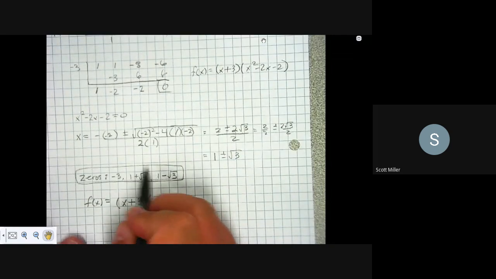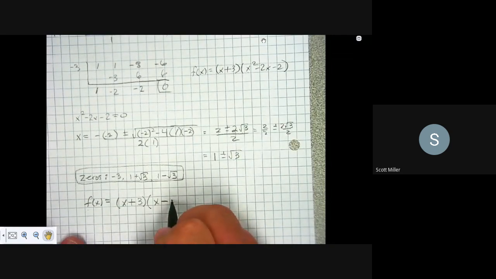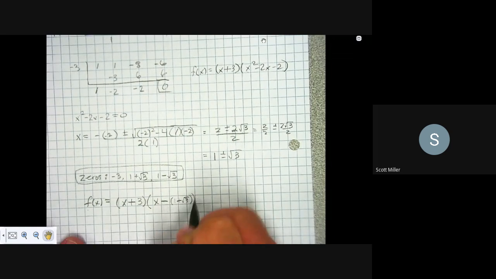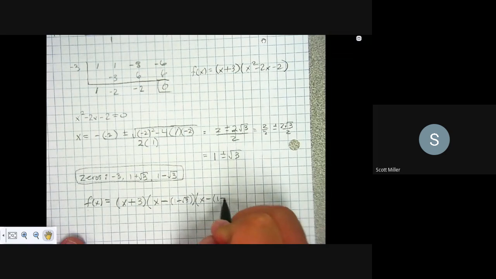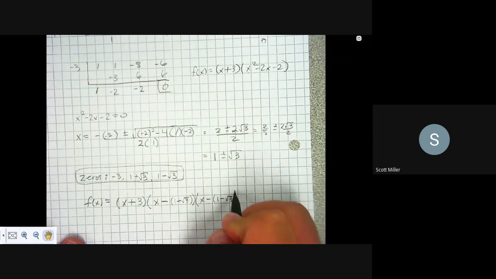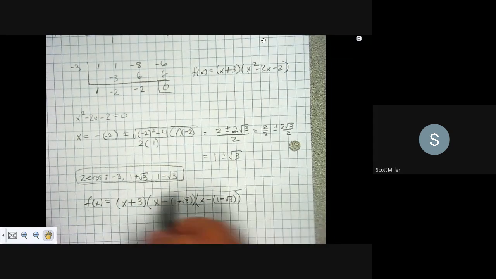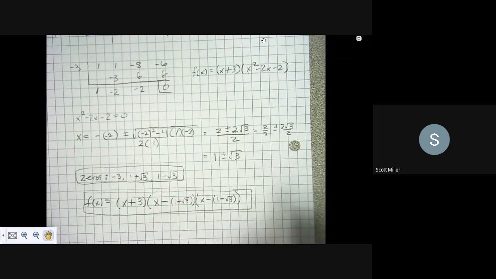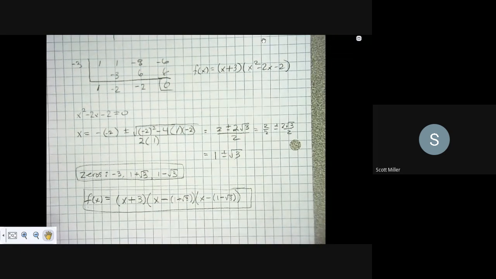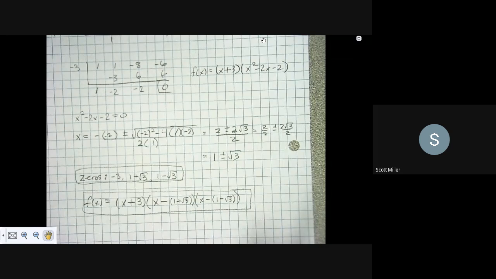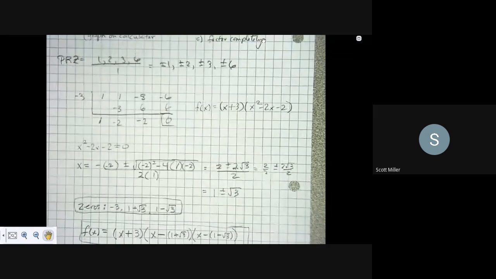What I want you to do is write it as x minus, and then put a little parenthesis, 1 plus root 3, close that, close the big one. Open the next one, 1 minus the square root of 3, close and close. That's how I want you to express your answer, please. Just like that. So this is what's going to be asked of you for homeworks and also for tests. So that ends 3.4.